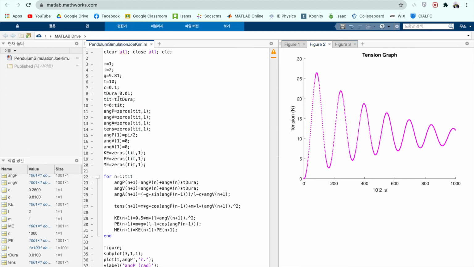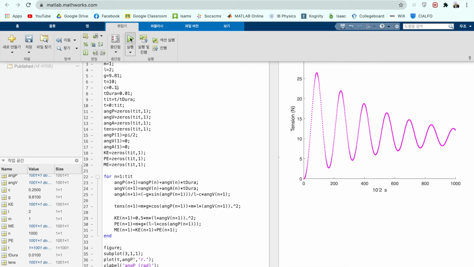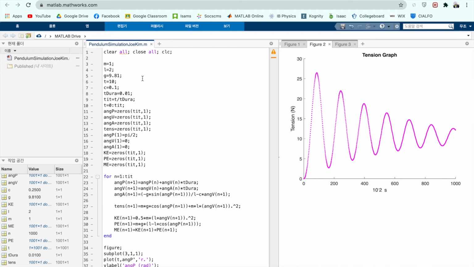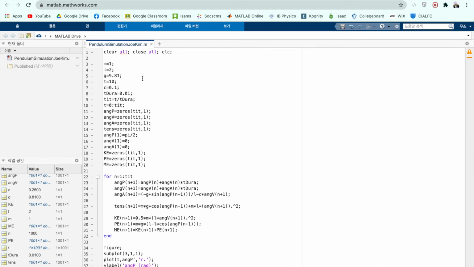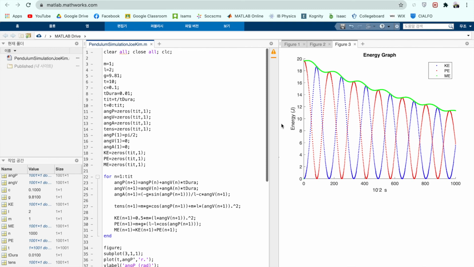And so, if I make a change, it was 0.25, but now I'm going to change this value to 0.1, and notice how the graph changes. I would hopefully get a graph that would have a slower rate of decrease in all the variables: tension, mechanical energy, and the angular quantities.